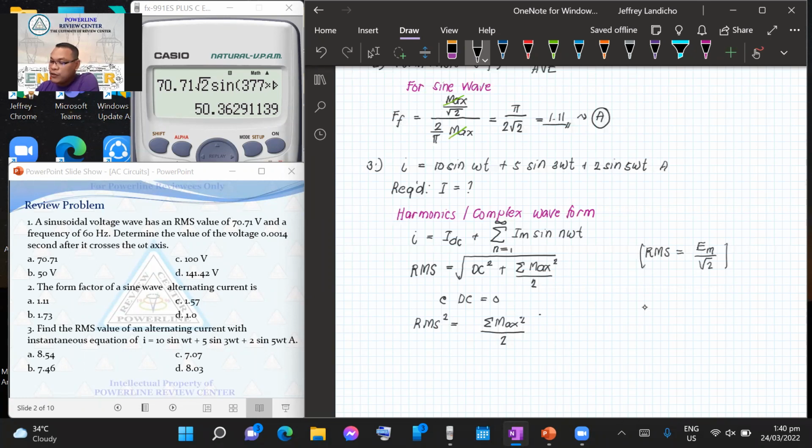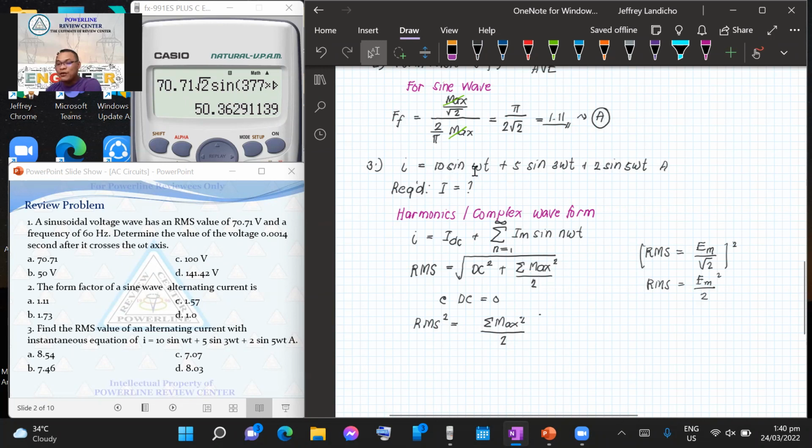So when you square that RMS value, you have RMS value squared equal to maximum value squared divided by 2. So this value is actually the RMS value per waveform.